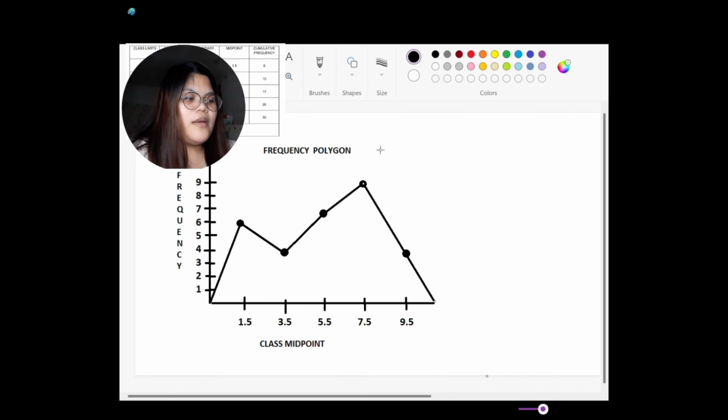And we should remember to connect the line until the end of the class midpoints. I also labeled them so it can be easily read or checked. Then now we have the frequency polygon.